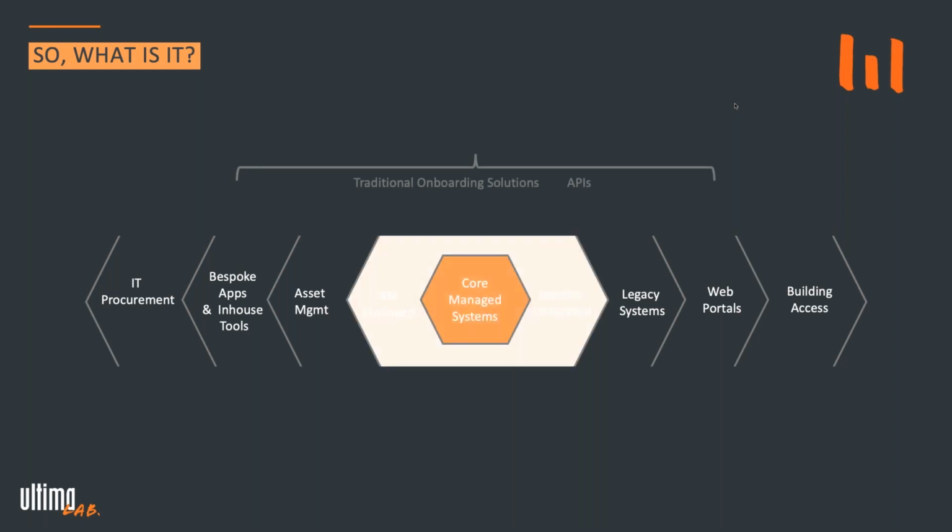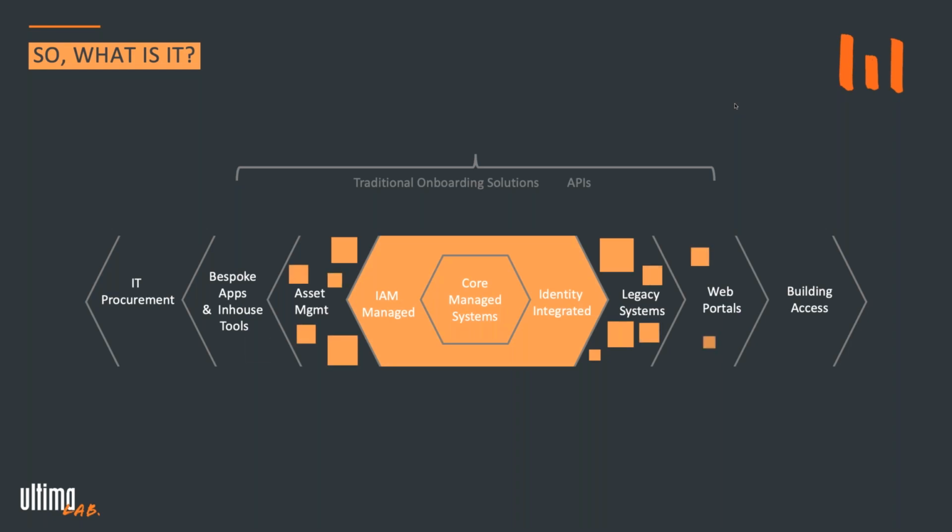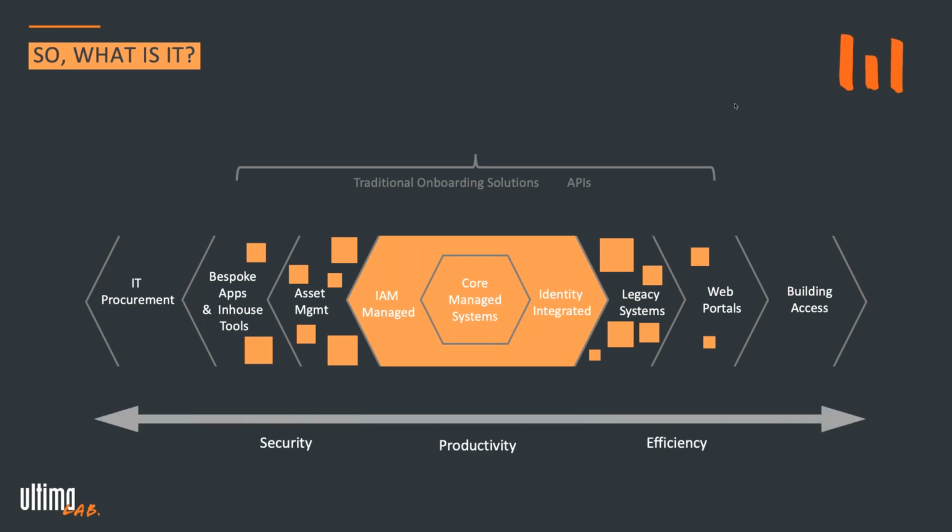And what we see is traditional onboarding solutions are really good at that core stuff, IAM solutions, at applications and systems that are able to be managed by IAM. And we can get to most of that core stuff using traditional onboarding solutions because they use APIs, they use connectors to get into these applications and systems and to automate what they need to automate, to add users, etc. But as we move outwards on this screen, you start to see that legacy systems, a little bit less so.